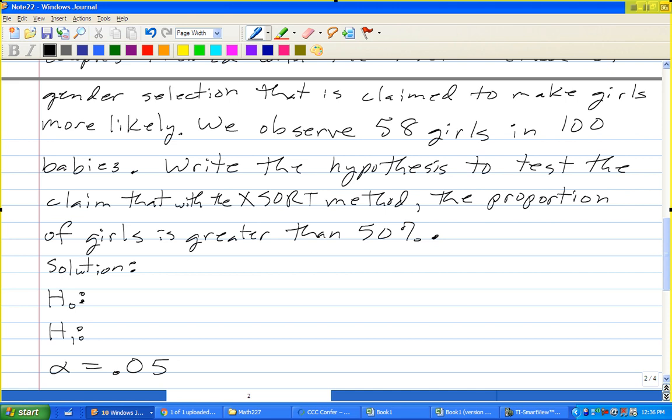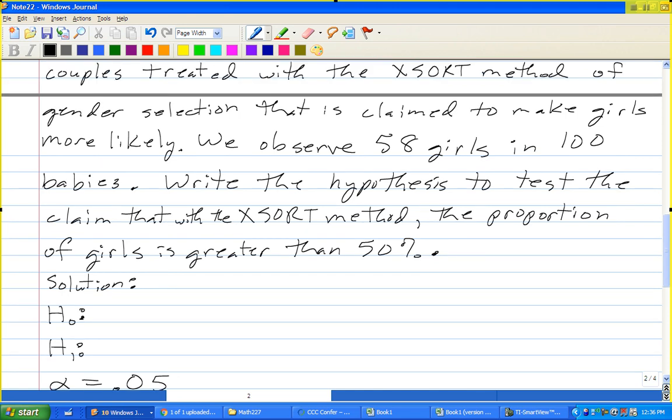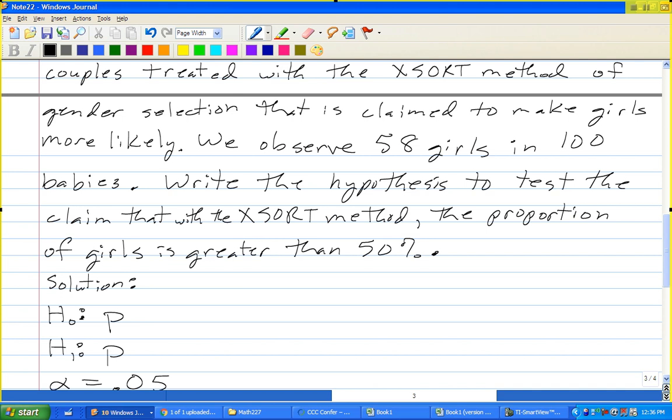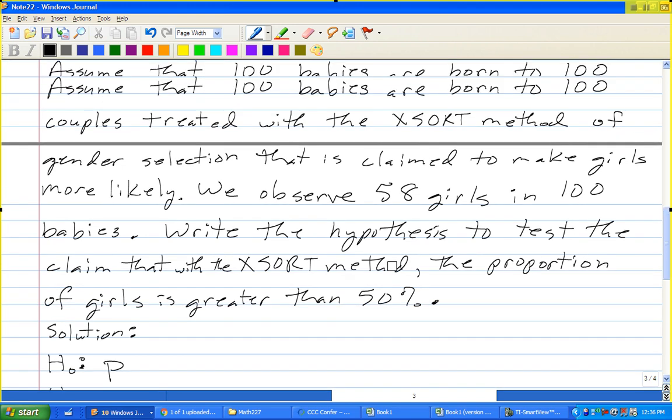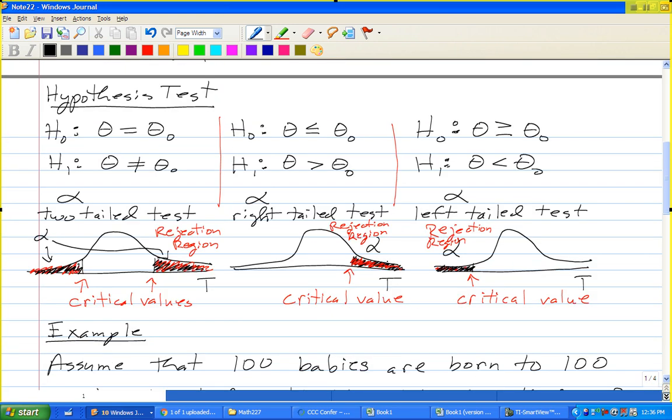So that was easy. Level of significance 5%. Now, notice that we're talking about a proportion. So we're talking about a population proportion. So we're talking about something involving P. It says it's greater than 50%. If you notice in all the above, the null hypothesis involved an equal sign. The alternative hypothesis never had an equal sign in it.